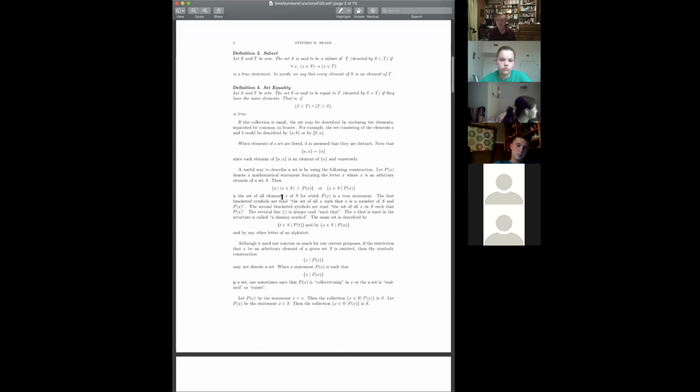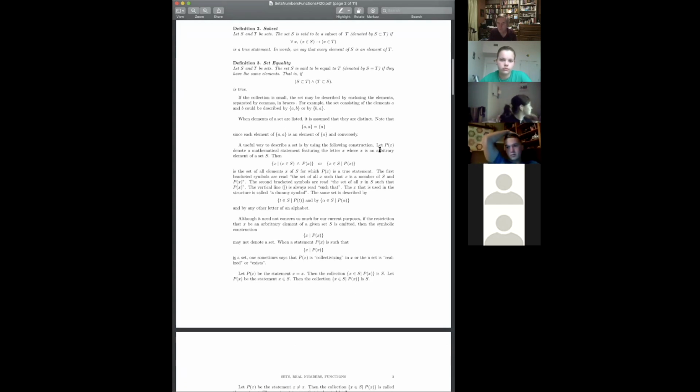Now, another way to describe sets when they're more complicated is to use a statement to describe them. So if P of X stands for a mathematical statement featuring the letter X, where X is an arbitrary element of the set, then this symbolism, I'm going to read it as it goes. This says the set of all X, the straight line, such that X is a member of S and whatever the statement P of X is.